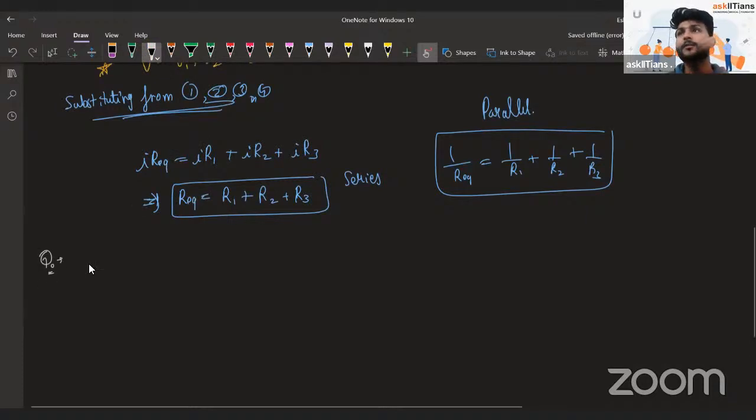Most importantly, the questions which I wanted to discuss over here are from the parallel formula. Everybody remembers the formula for parallel, right?